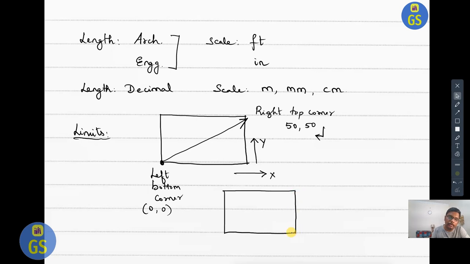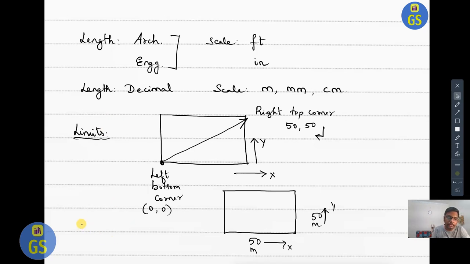This is called limits. I can draw 50 meter in the X direction and 50 meter in the Y direction. Whatever you draw will be available within 50 meter by 50 meters. My units are in meters.